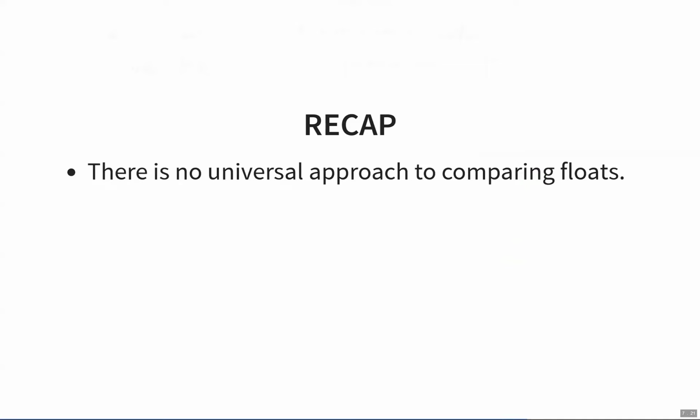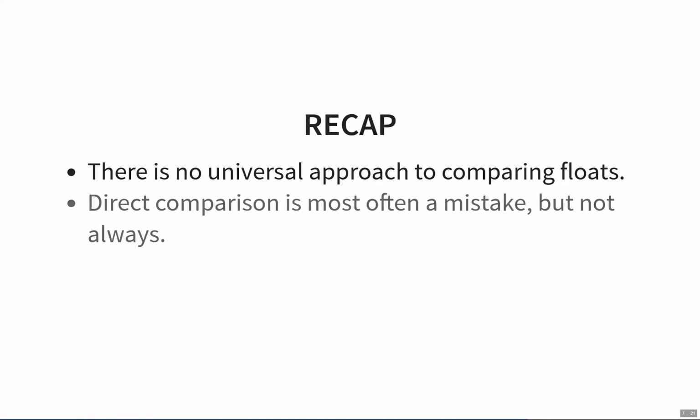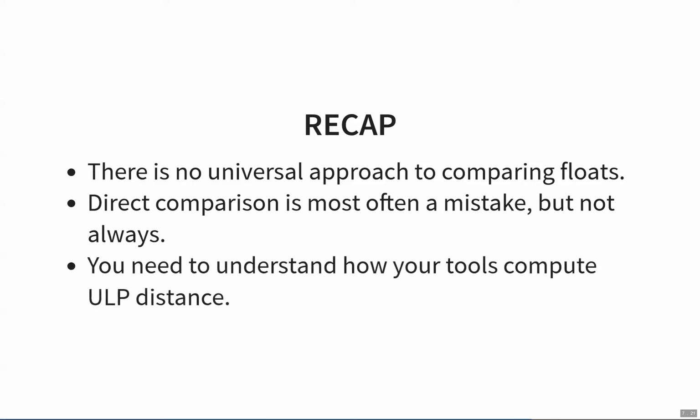What floats do you compute? What results do you get, the magnitude and so on, to pick the right approach? Now, direct comparison is usually a mistake, but might not be. And of course, if you go with ULP distance, you need to understand how your tool handles the distance between 0 and negative 0, positive 0, and similar things.